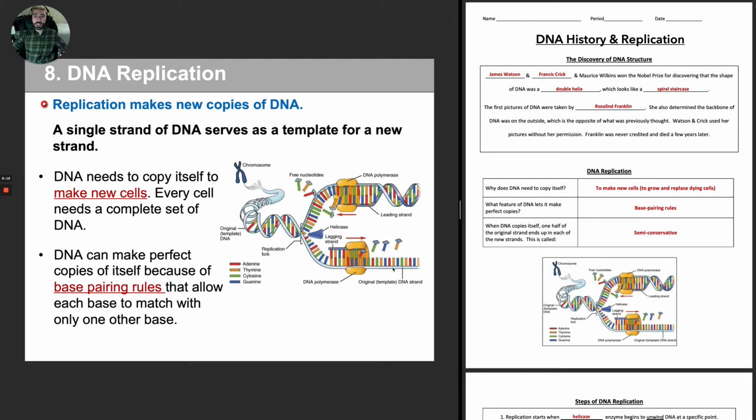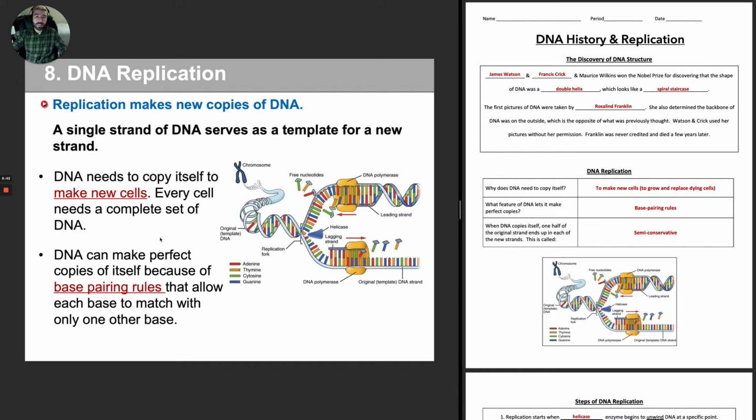But replication really means the same thing as cloning or duplicating or making a copy, or making a replica. And so DNA needs to be copied so that the cells can grow and so that cells can be replaced as they die. So making new cells is really the purpose of DNA replication.